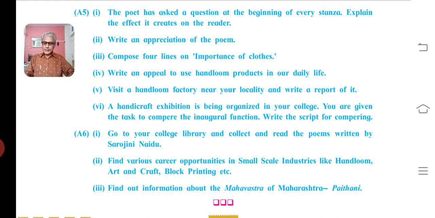Number 4, the language and poetic devices. The language used in this poem is very simple, lucid and figurative. Various figures of speech like alliteration, repetition, metaphor, simile and imagery are used in this poem.